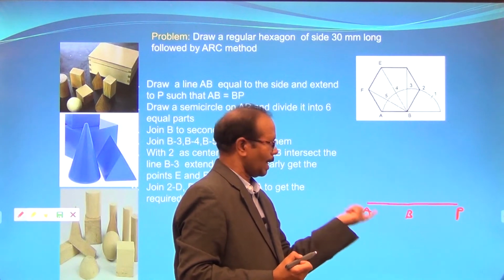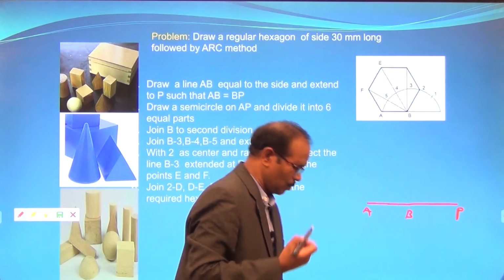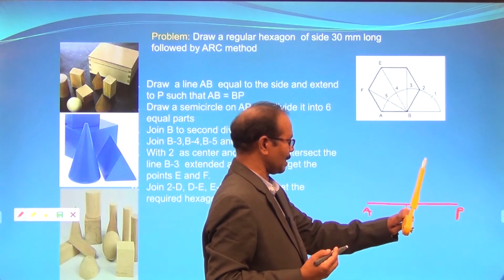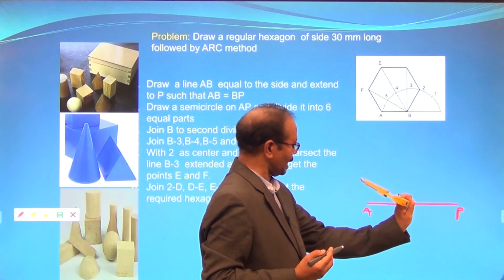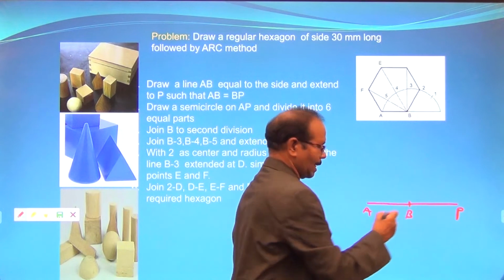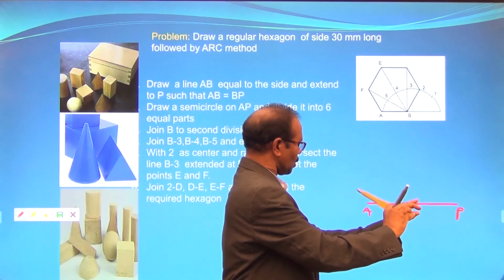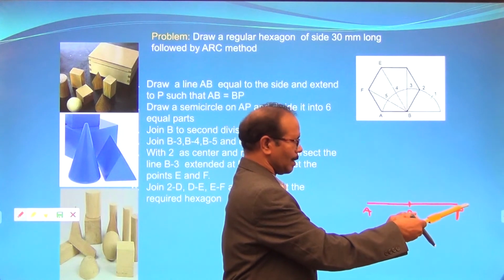Now, B as a center, AB as a radius, draw a semicircle.